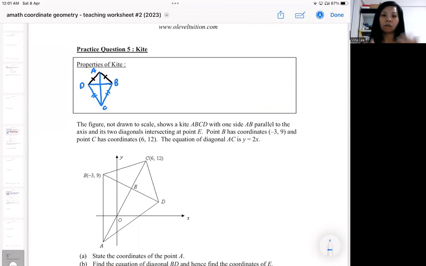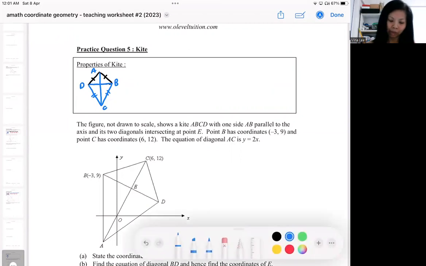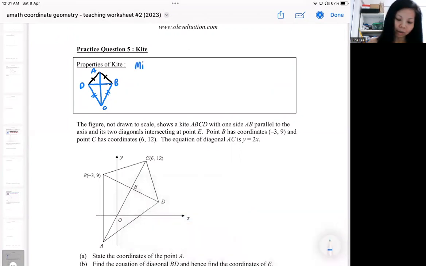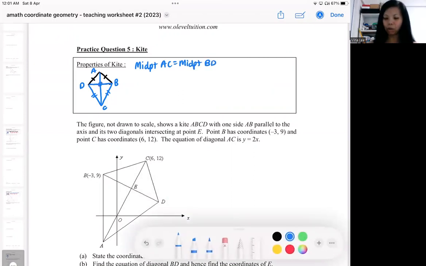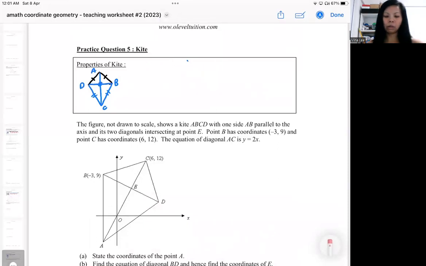Okay, so don't misinterpret. You cannot interpret that the midpoint of AC is equal to the midpoint of BD. Common sense will tell you that it is not. Can you see? They don't share the same midpoint. So the midpoint of the diagonal, that's applicable for rhombus, parallelogram, rectangle, all these, is not applicable here.